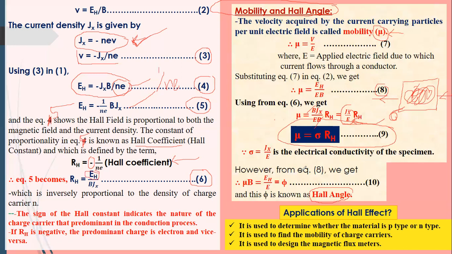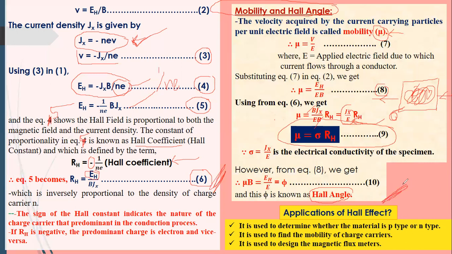If they are asking only the Hall coefficient or Hall constant, or to derive the Hall constant or Hall coefficient equation, you have to write only up to equation number 6. And if they ask to explain the terms Hall coefficient, mobility and Hall angle for 6 or 8 marks, you have to write up to equation number 10 and explain one more thing, the applications of the Hall effect.